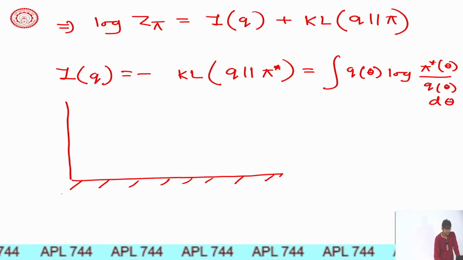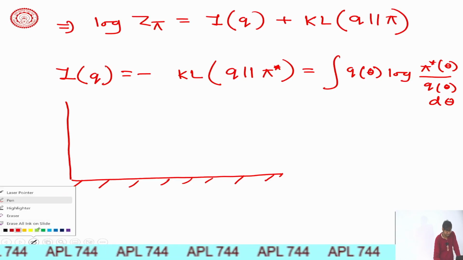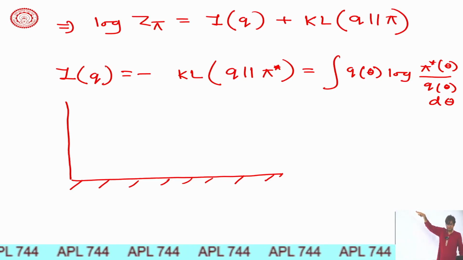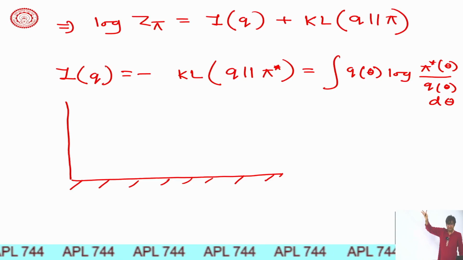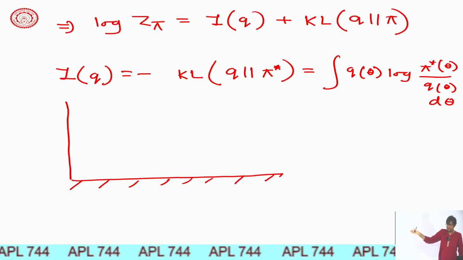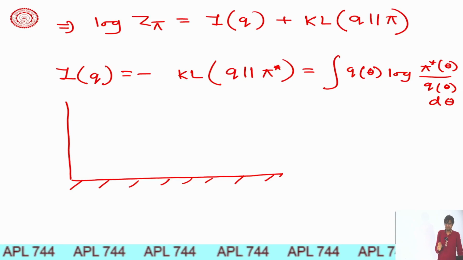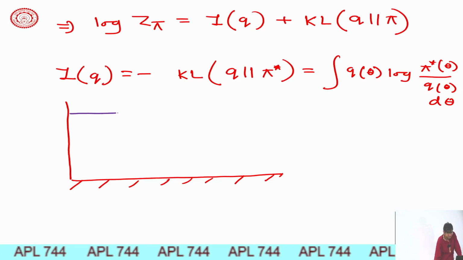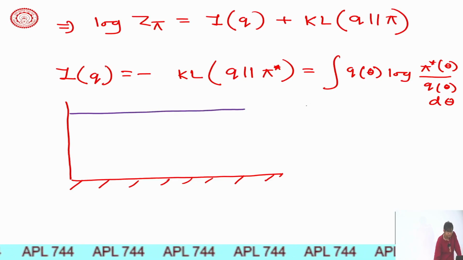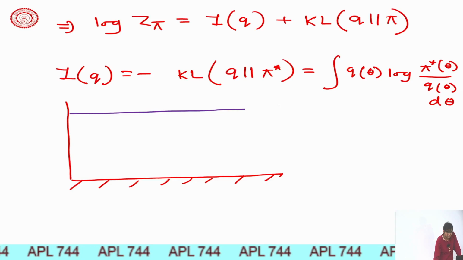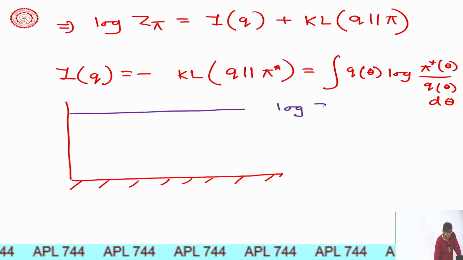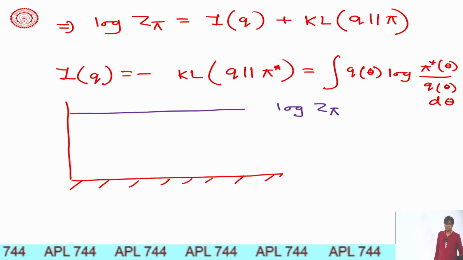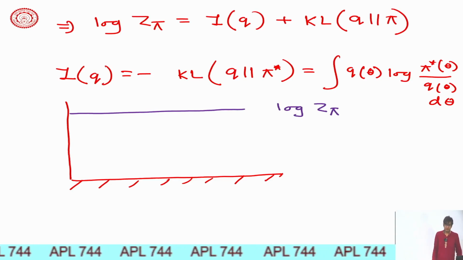First let us talk about log of z pi. Log of z pi will be at a certain height and that is constant. That means you cannot change it, it is fixed. So let us call this log of z pi. Clear?